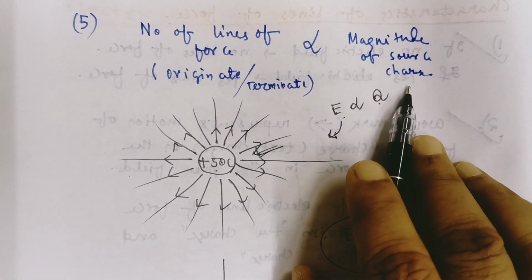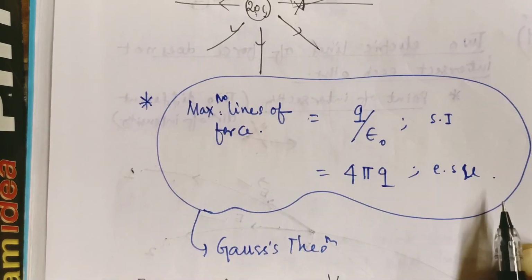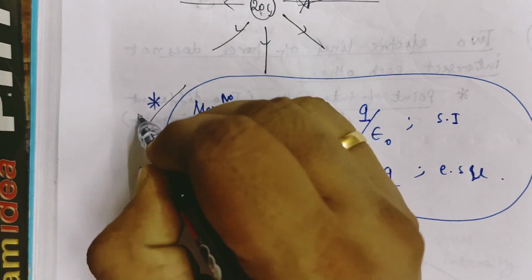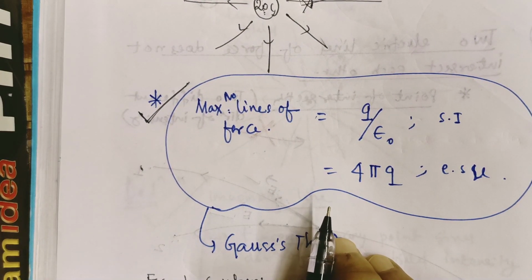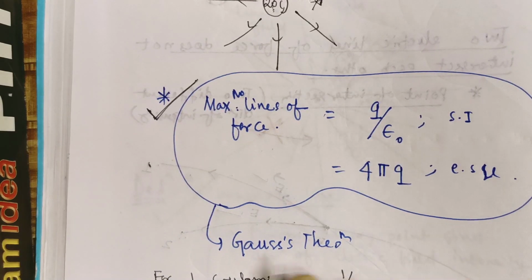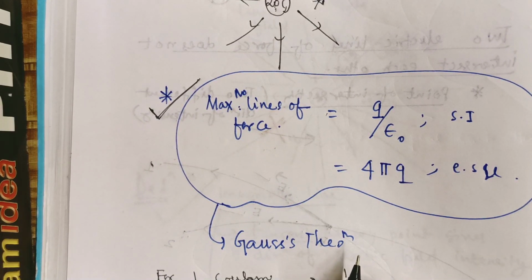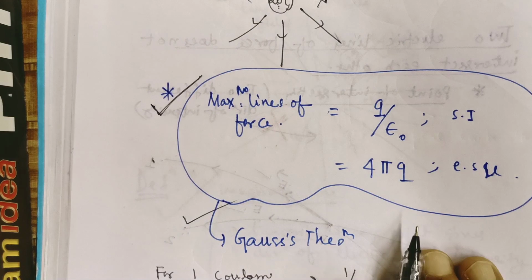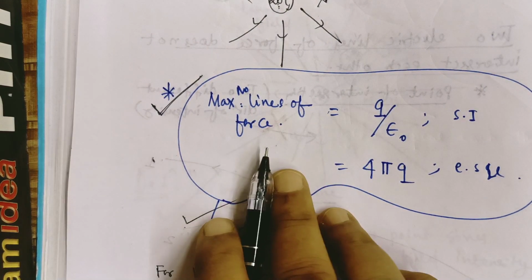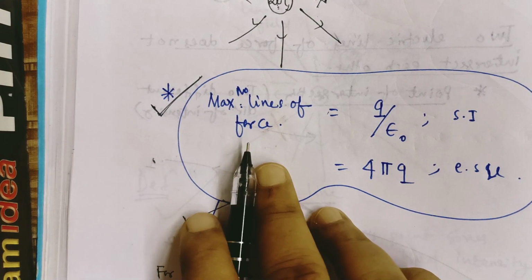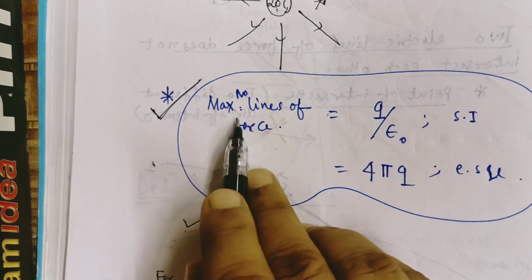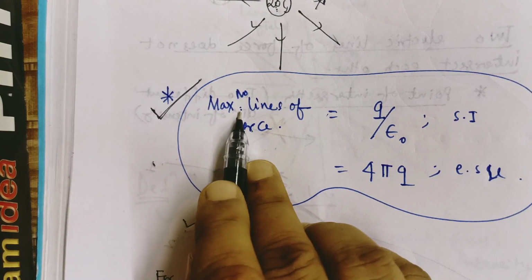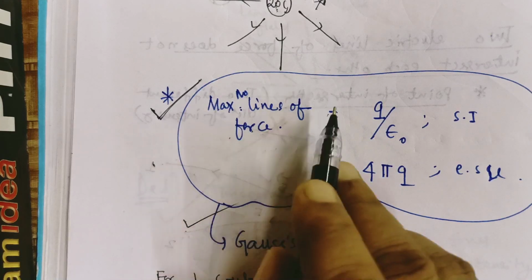There is also a formula for you. We will discuss this formula later on, and this formula is commonly known as Gauss theorem in electrostatics. In later classes we will read this formula. We just remember this formula. What does it represent here? The maximum number of lines of force. How many lines of force, maximum lines of force, originate or terminate from a given charge?